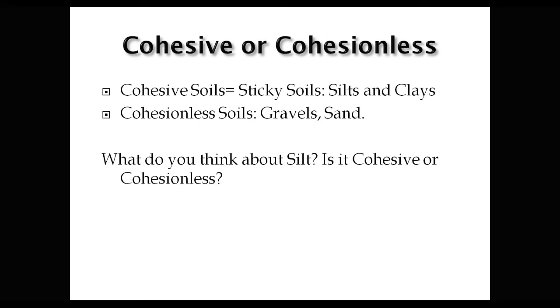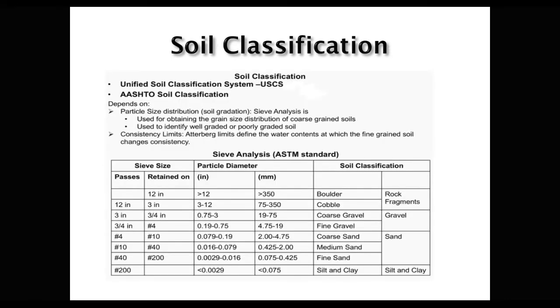Well, that is not true, because pure silt has no cohesion. In nature, however, silts are generally present in the form of silty clay, which actually gives them the property of cohesiveness, which is why many people classify silt to be a cohesive soil, but that should not be by default. And I'm going to discuss more about this in the near future.